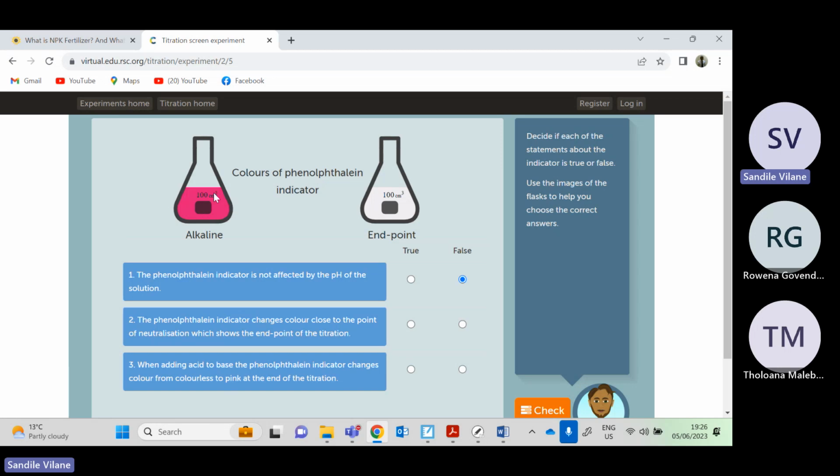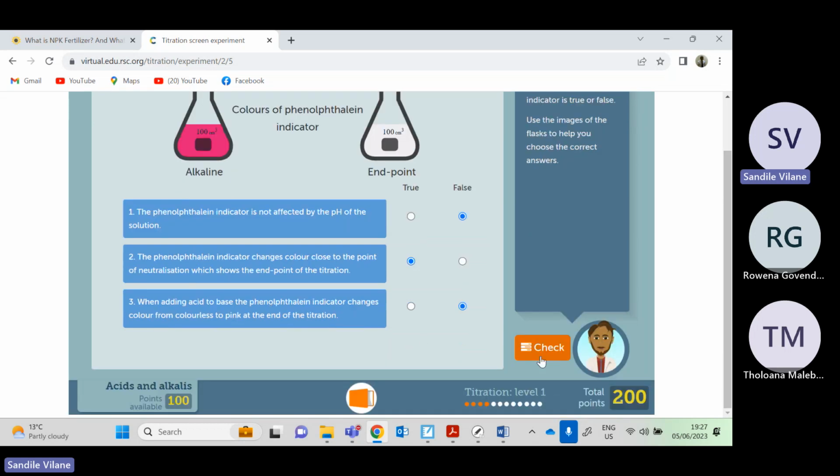In an alkaline medium, it is this color. At the end point, it changes, so it is affected. It changes color close to the end point. That is definitely true. When adding acid to the base, it changes color from colorless to pink. Colorless to pink, that is not true. It changes from this to that.